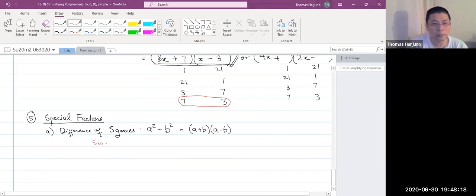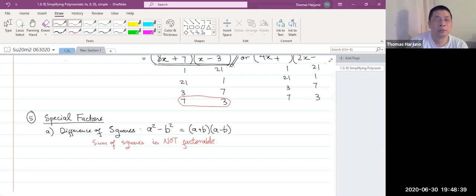sum of squares is not factorable without using complex number. So let me just say for now, sum of squares is not factorable. Okay, now we have seen that before and we'll see that again.